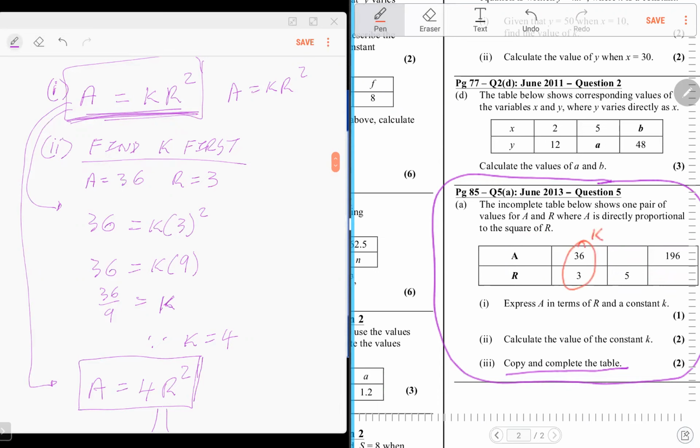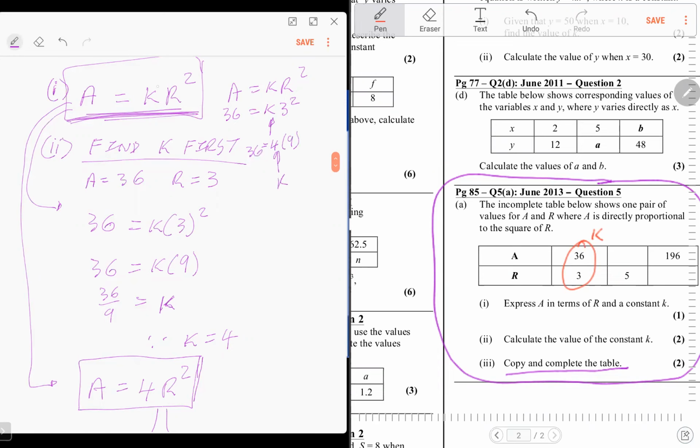They will always give you a pair of known values to find the K. So the A is 36 times K and the R is 3. So you write 3 squared. 3 squared is 9. And so the K must be 4, because 4 times 9 is 36. So the K is 4.